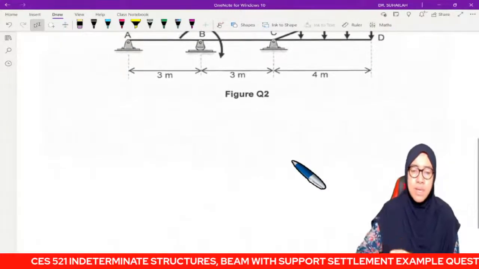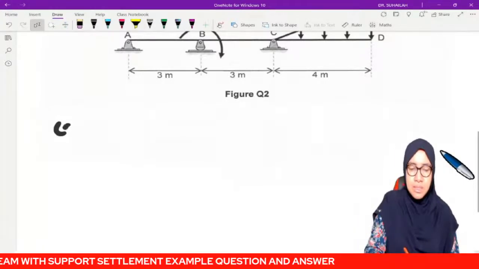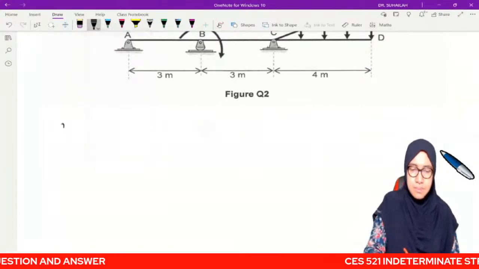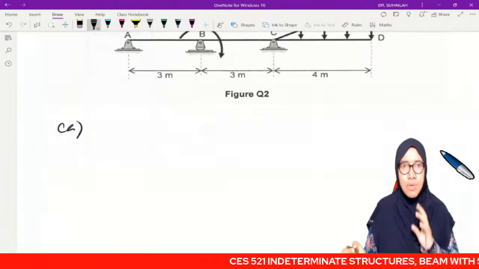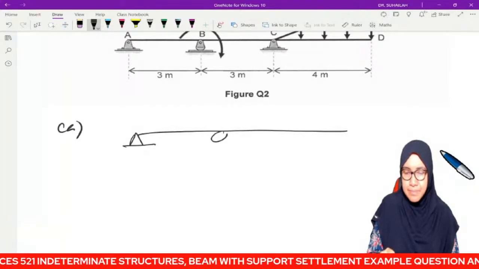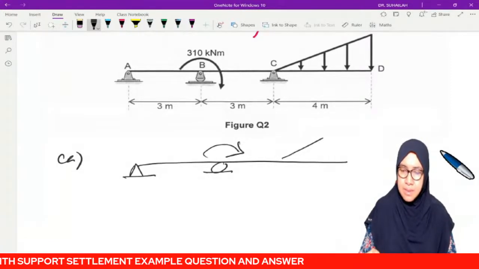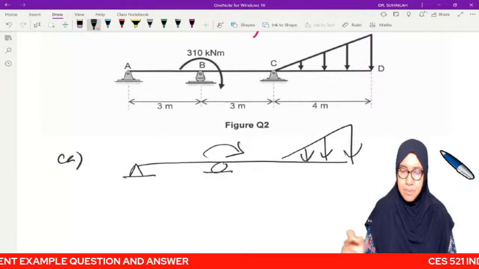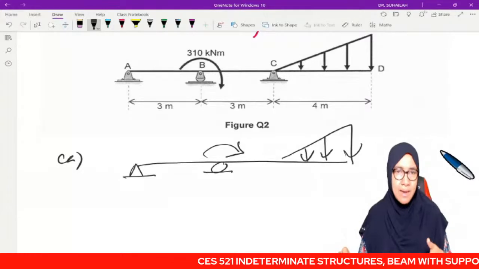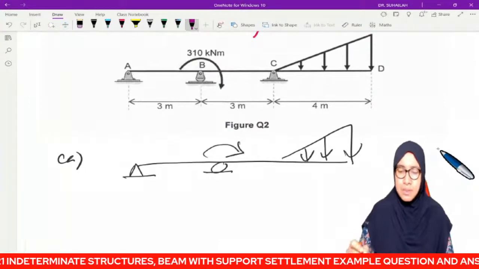So this is the answer for question A. Possible primary structures: we have this one and this one. Remain all external loading, remove one pin. So we get one pin, one roller. So this will be the first possibility.